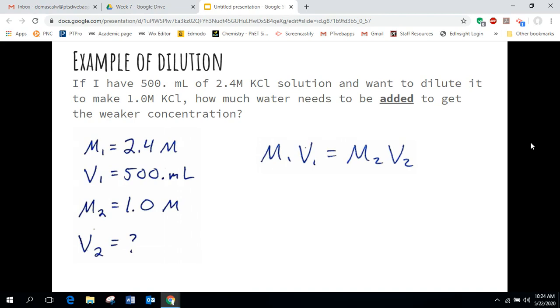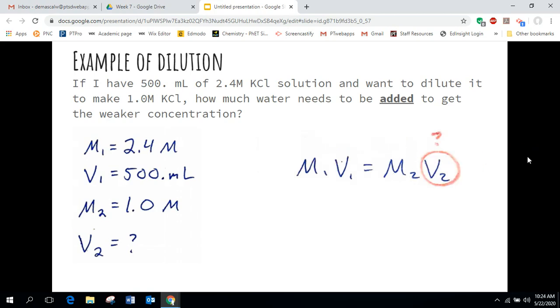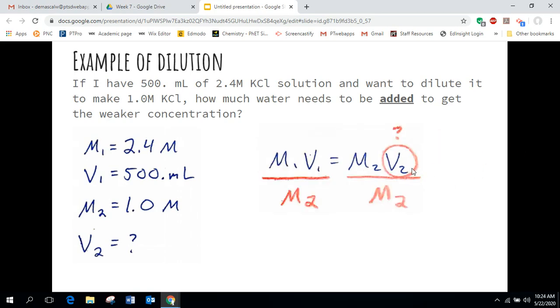I want to water it down. I need to find the volume I would need to change it to. So in this calculation, we're going to be looking for our new volume. We do that by dividing both sides by our final molarity, our M2.